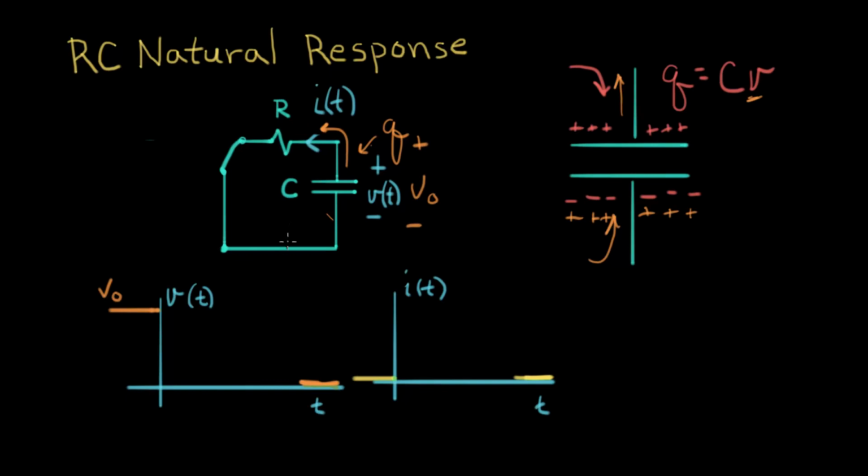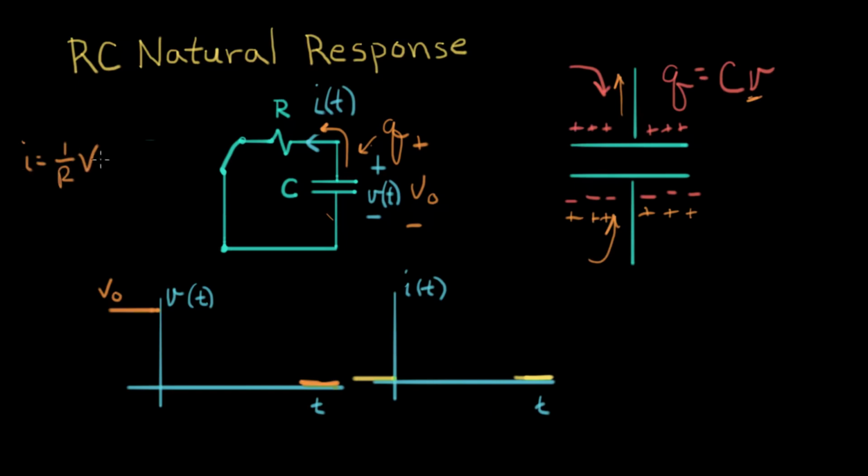So let's see if we can fill in what's going to happen in between. This voltage here started at V naught, and it's going to end up at 0. The amount of current flowing out of here is going to be proportional to the voltage across this resistor, right? The current is 1 over R times V. So if V is high, then I is going to be high.